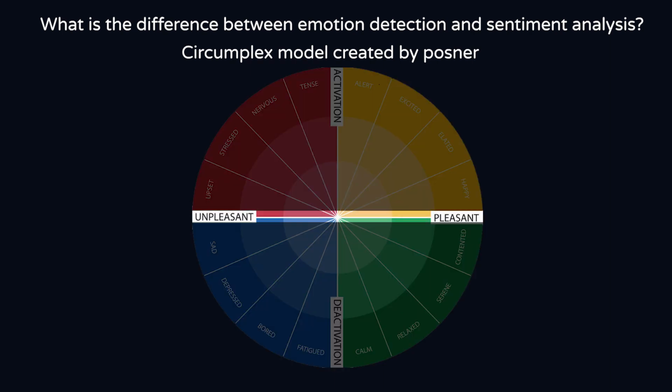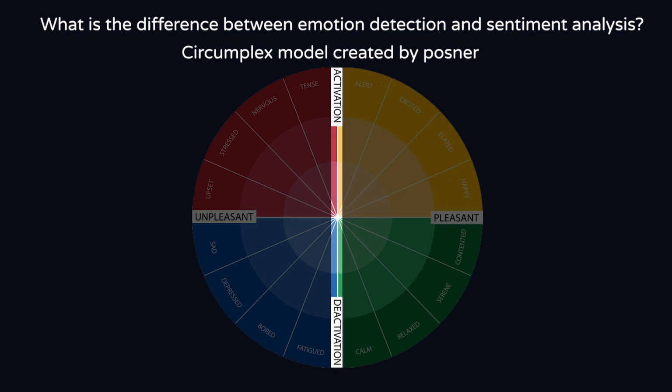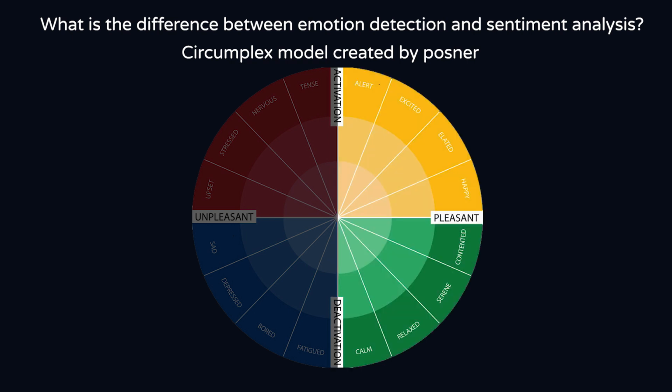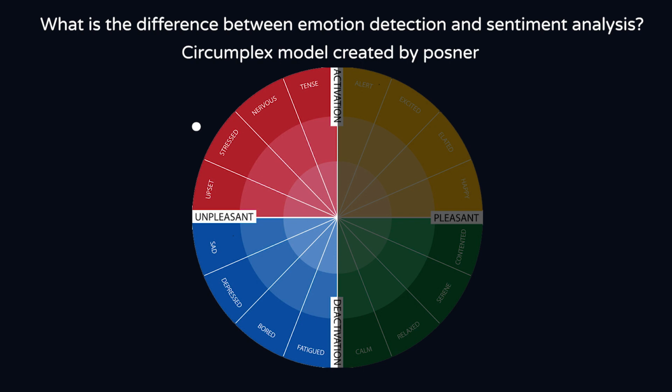On the x-axis we get the pleasant and unpleasant emotions. On the y-axis, how intense and active the emotion is. For example, let's look at relaxed. Relaxed is a positive emotion but with low activation for the intensity of the emotion. In another example, stress is a high-intensity emotion but it's negative.